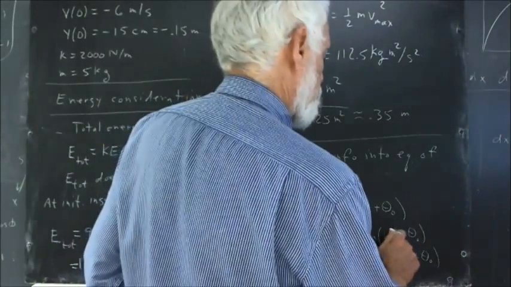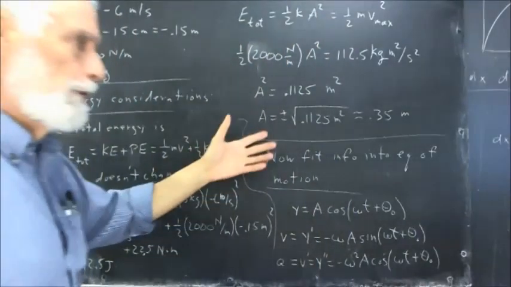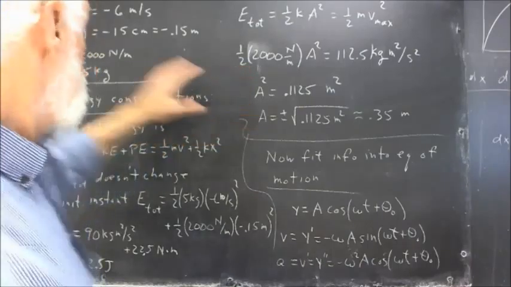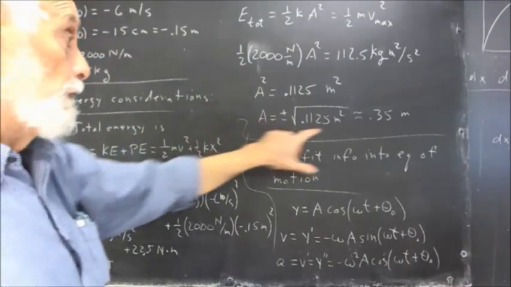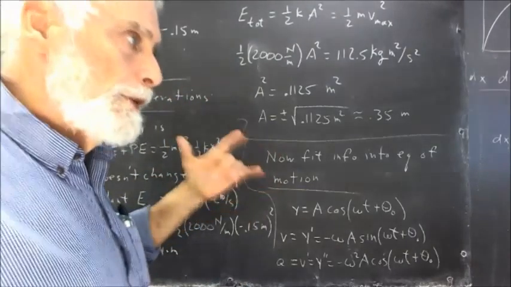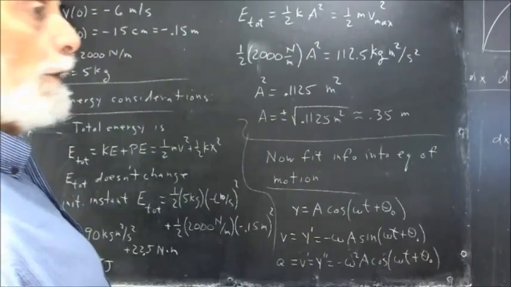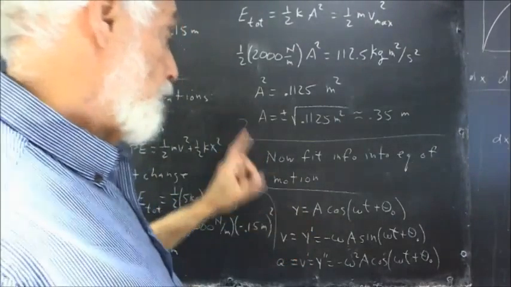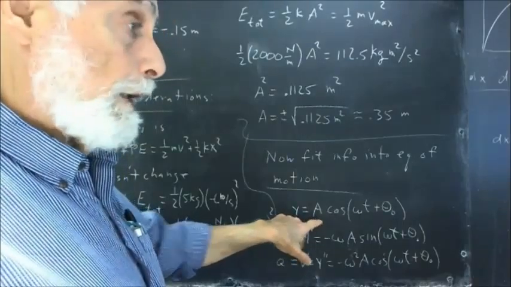We chose an alternative mainly for the purposes of illustration and to give you another tool in your tool chest, where we used the given information to directly find the amplitude using energy considerations. So we don't need to use both of these initial conditions. All we need is one of them along with our knowledge now of the amplitude.